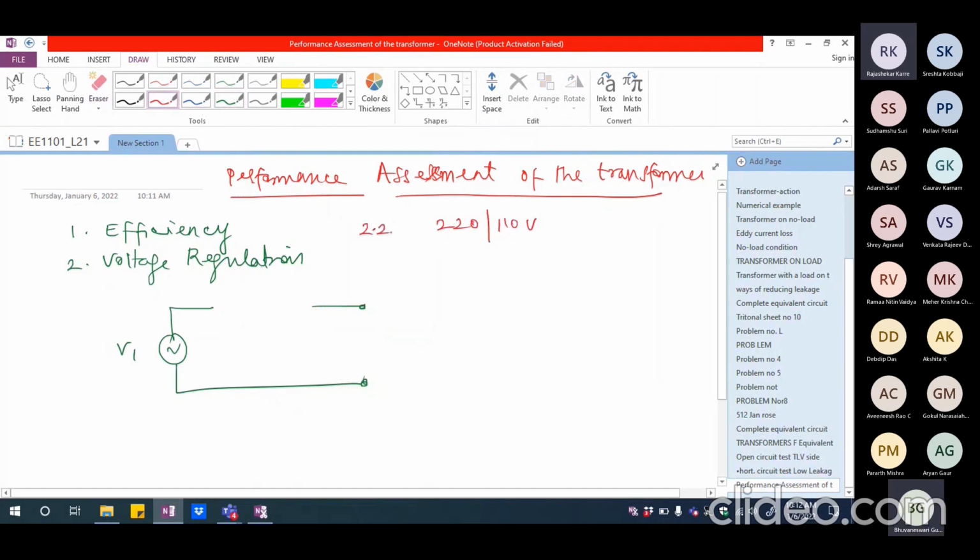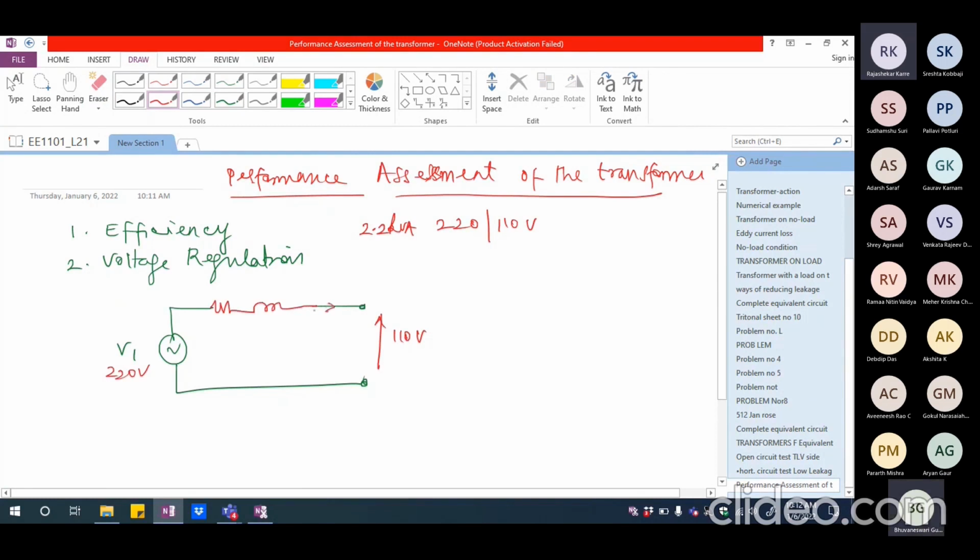If I'm taking a 2.2 kVA 220 by 110 volts transformer, if I apply 220 volts here, I should get 110 volts here. Normal. But there will be some drop within the transformer because I have R equivalent and X equivalent, no matter what. So it is definitely going to drop some voltage.